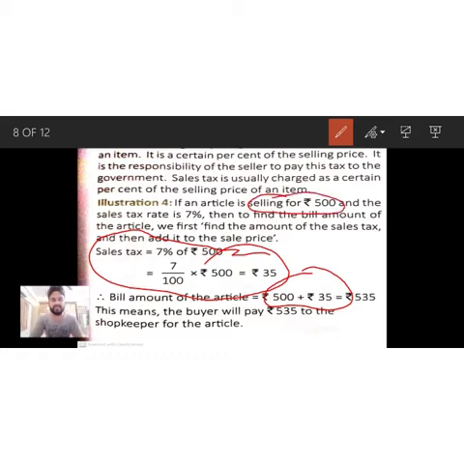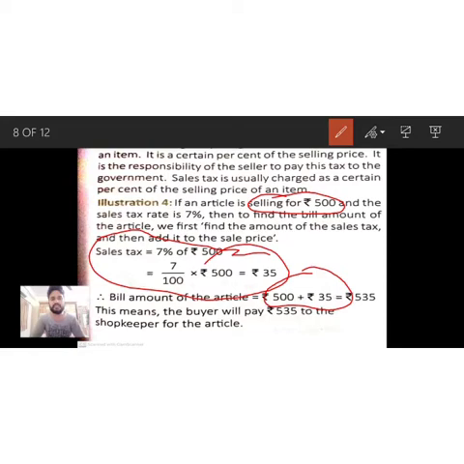As we know, profit and loss is calculated on cost price, discount is calculated on marked price or list price, and in the same way sales tax is charged on the selling price of an article.